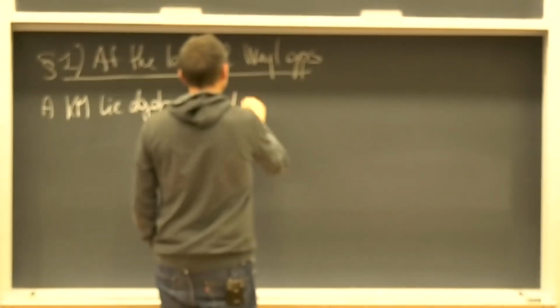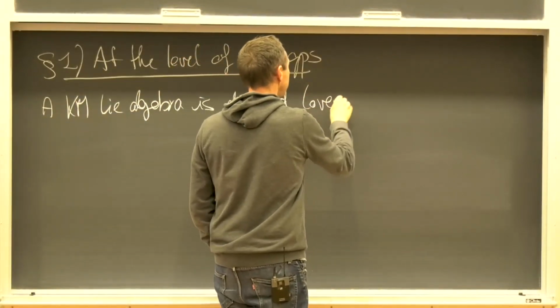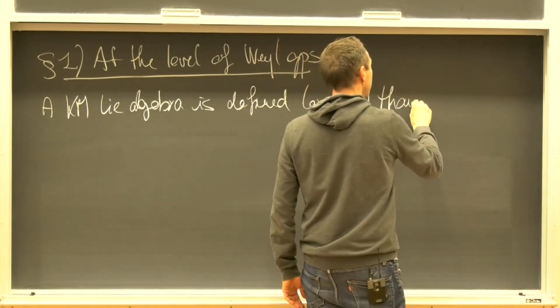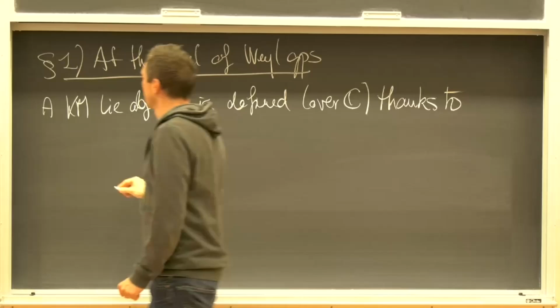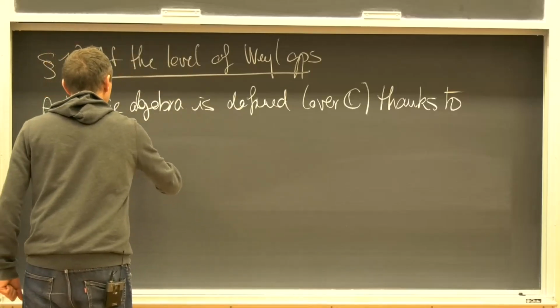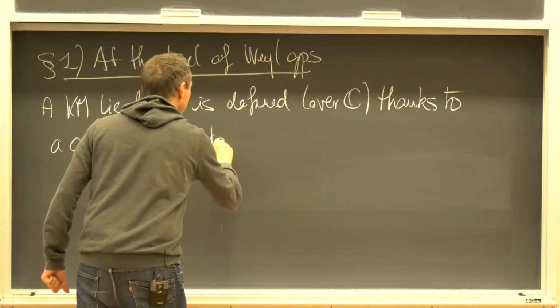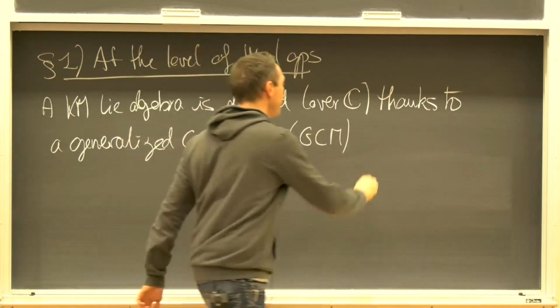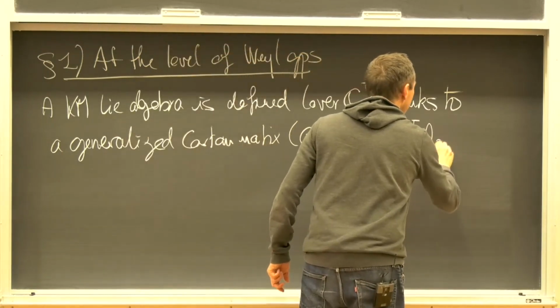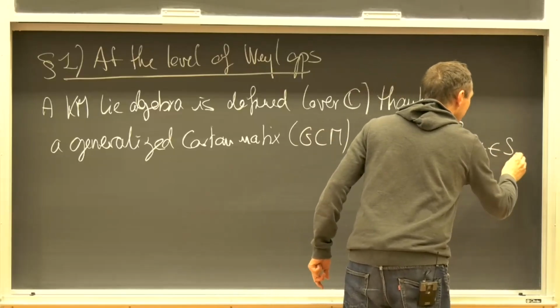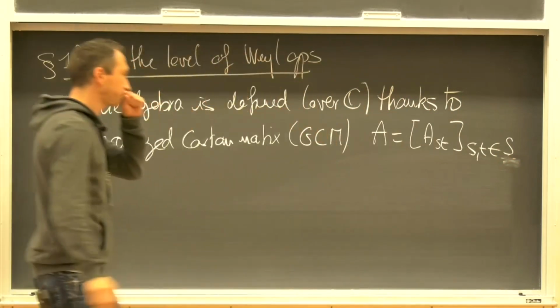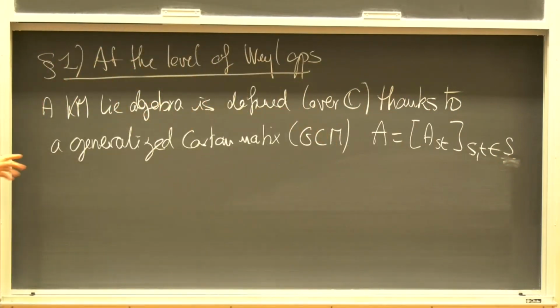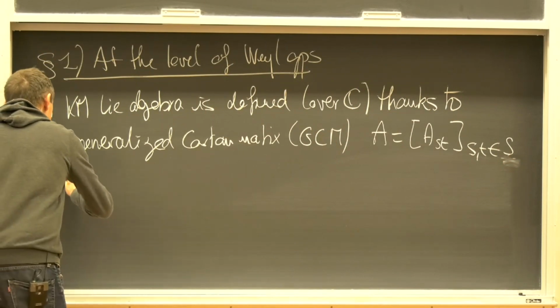So a Kac-Moody Lie algebra is defined, say, over C, basically thanks to a generalized Cartan matrix, GCM for short, say A, which is a finite matrix indexed by a finite set S by convention, and which is defined by a Serre type presentation.